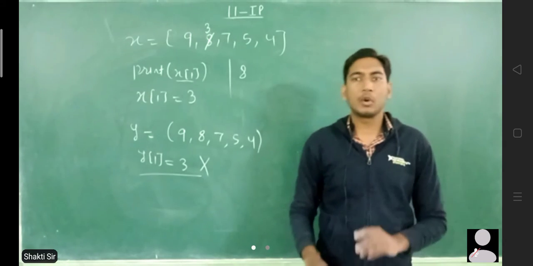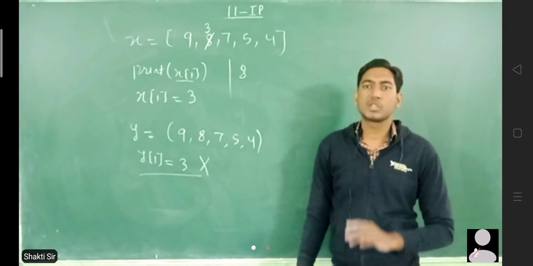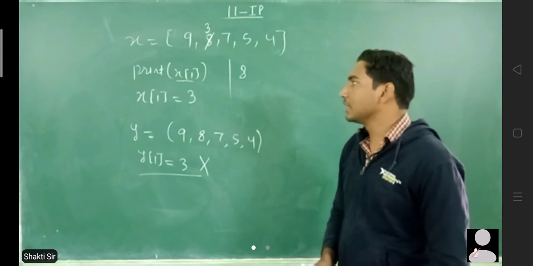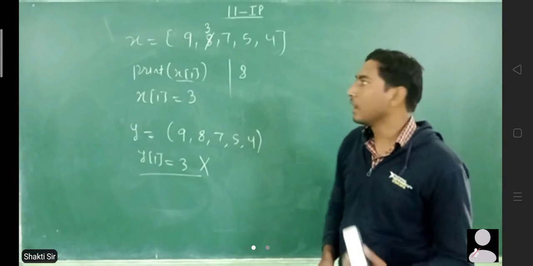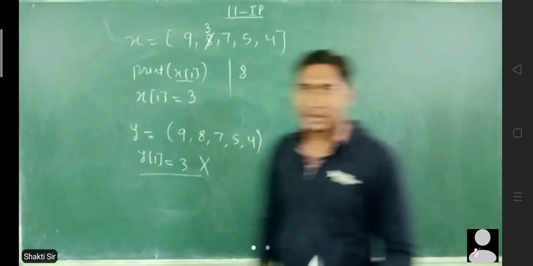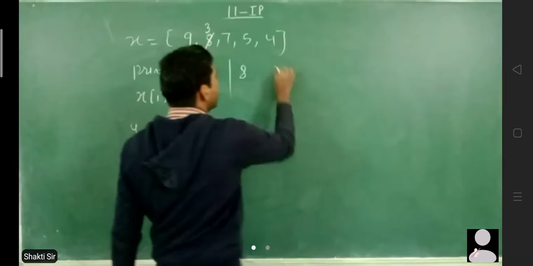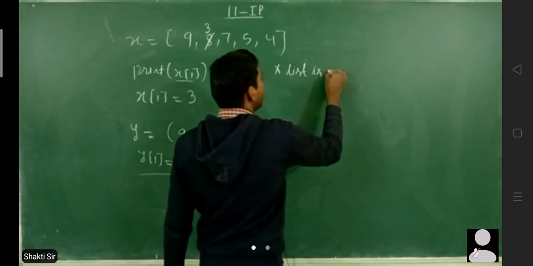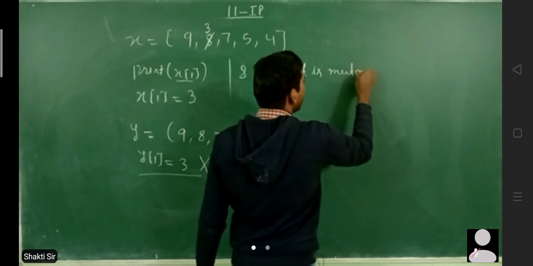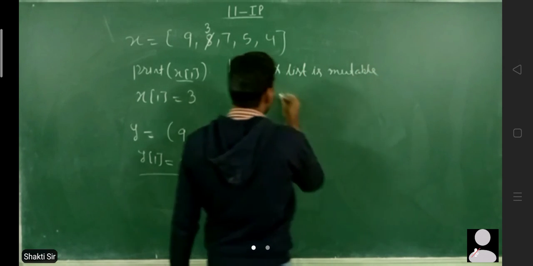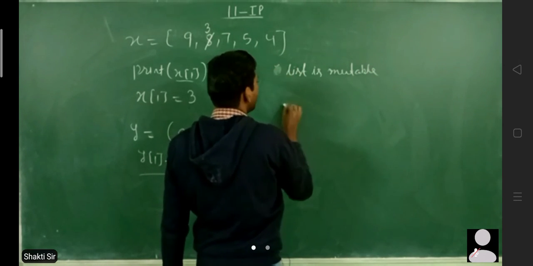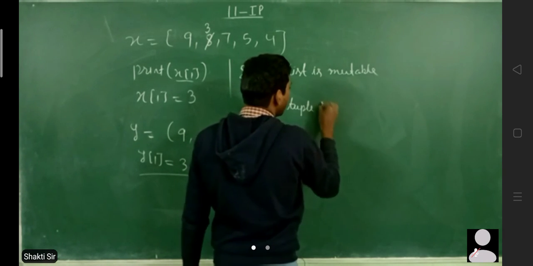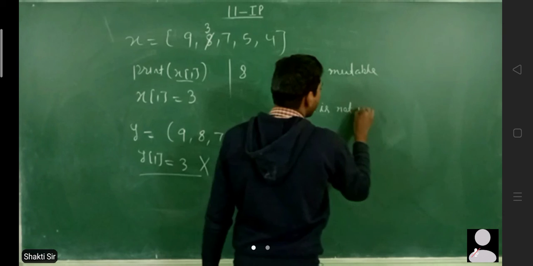एक बार आपने कोई टपल क्रिएट कर दिया तो अब आप उसकी किसी भी वैल्यू को चेंज नहीं कर सकते. And this is the major difference between a list and a tuple, and that's why we say that a list is mutable. List is mutable, whereas tuple is not mutable.